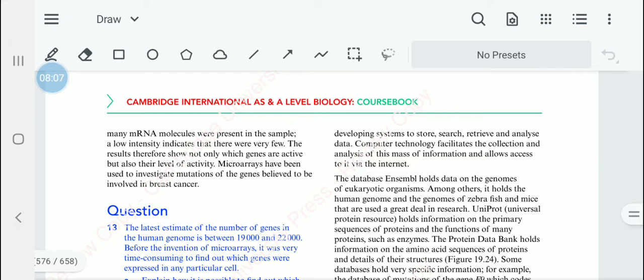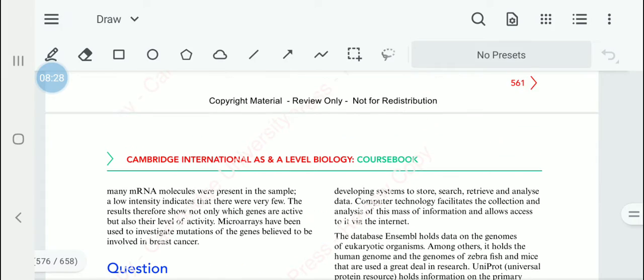So they not only show us that the genes are active, but their level of activity will also be shown. Then the mutations of the genes involved in breast cancer can also be found out using this microarray system.